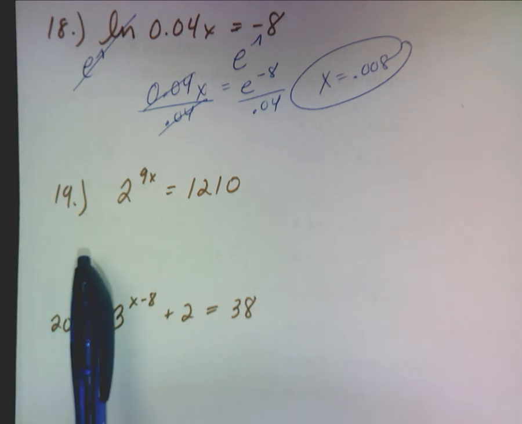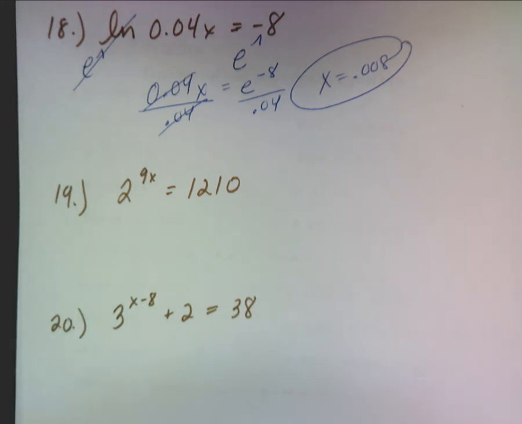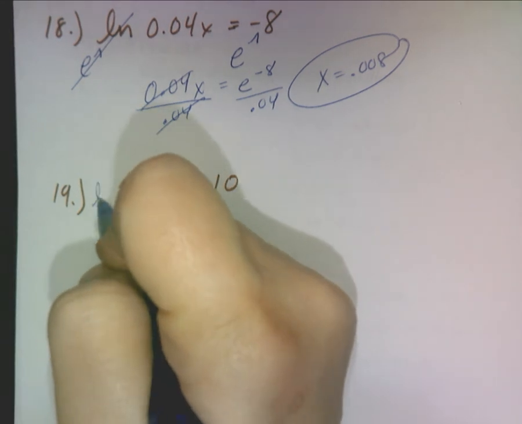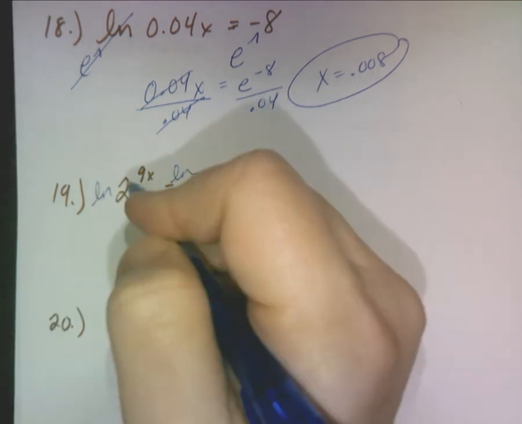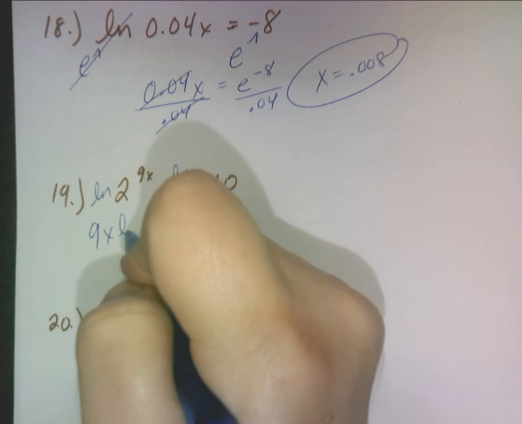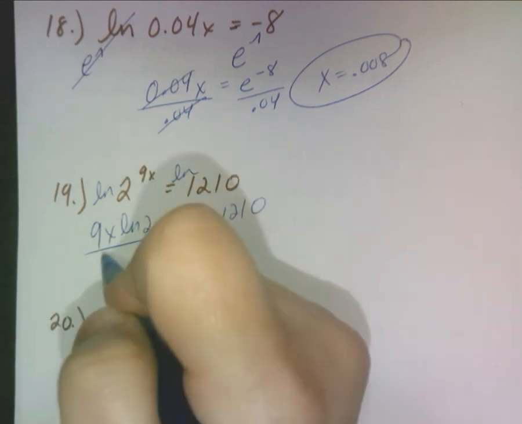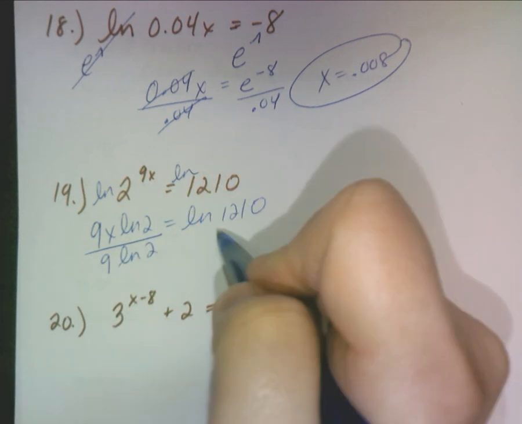Okay, and then 19 and 20, I'm just going to set you up and tell you what the answer is, but again, depending on if you logged or ln, for me, I would just ln: 9x ln 2 equals ln of 1210, and then divide by the 9 and the ln 2.